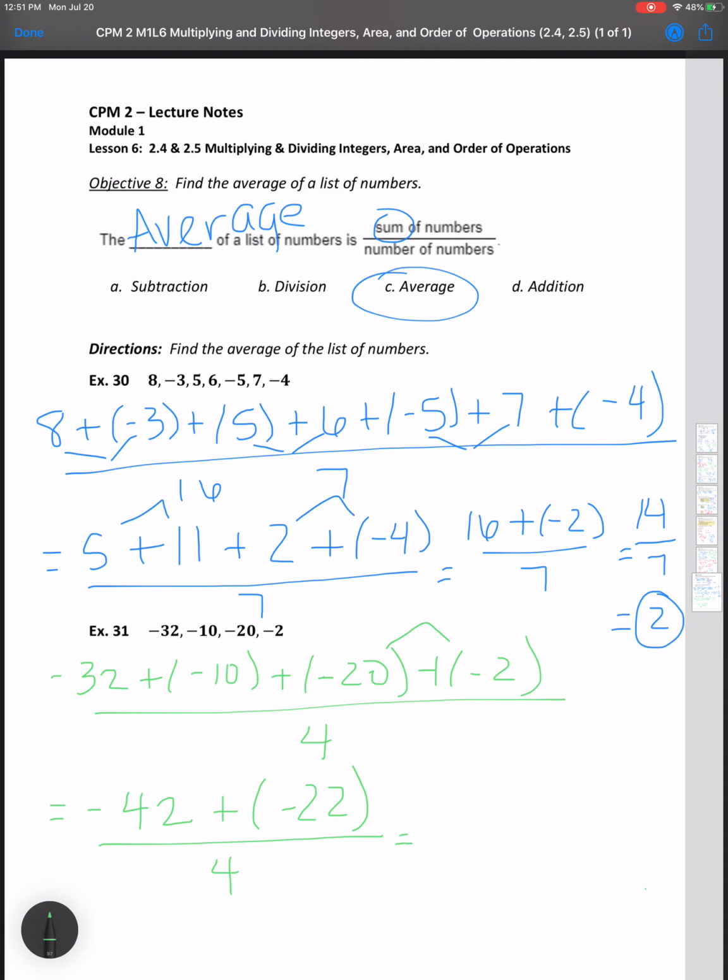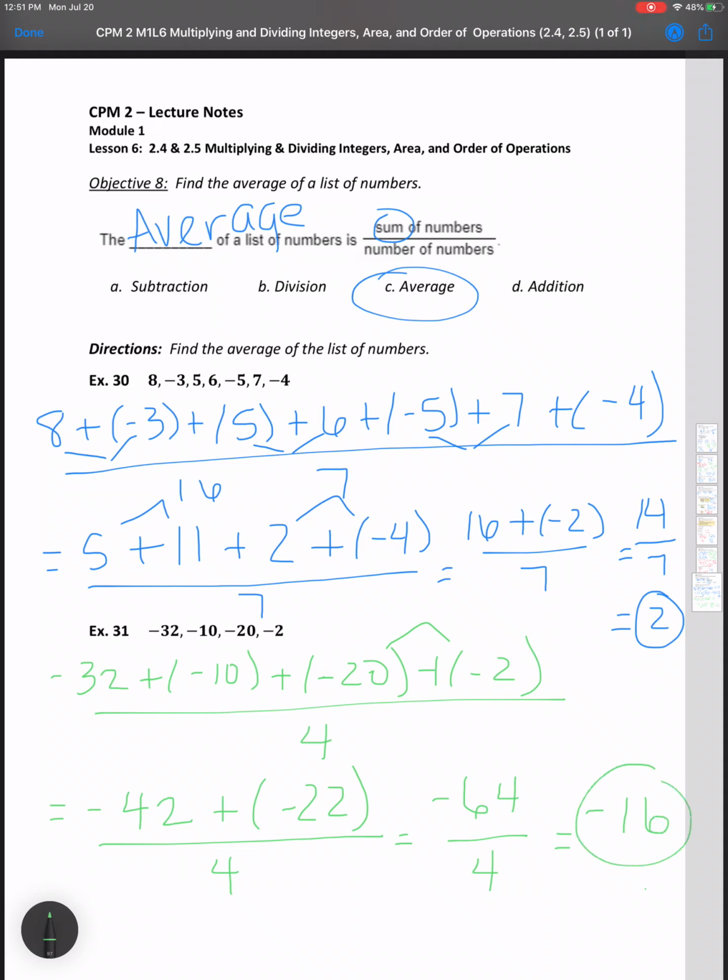Okay, -42 plus -22, add, keep the sign, and -64 divided by 4. Notice my signs are different, and so when we divide and signs are different, it's always going to be a negative, and then 64 divided by 4 is 16.